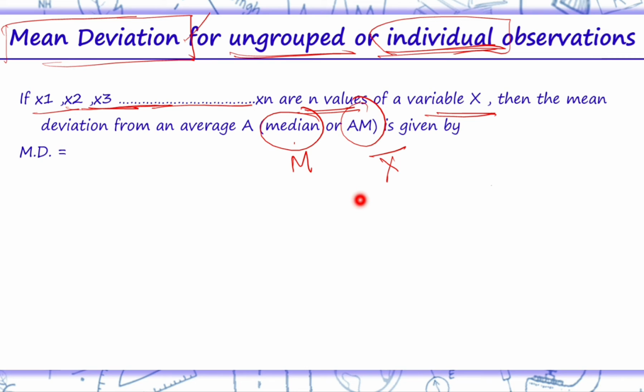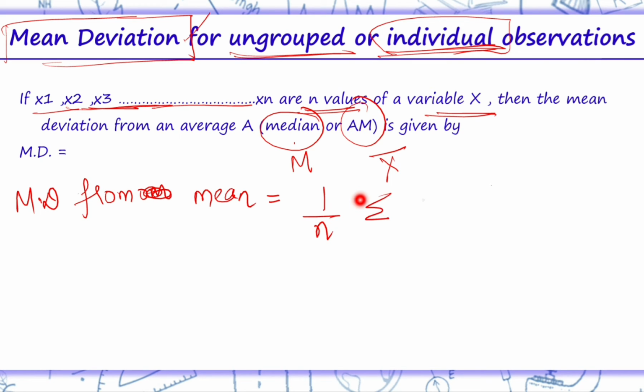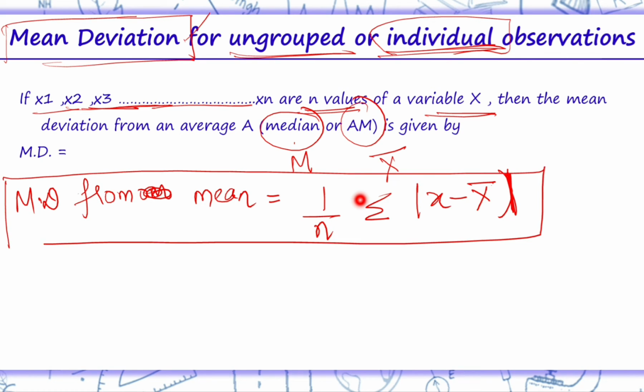So when we are calculating mean deviation from mean, the formula becomes 1 by n summation of mod of x minus x bar. This is the formula for ungrouped, or individual, observations.